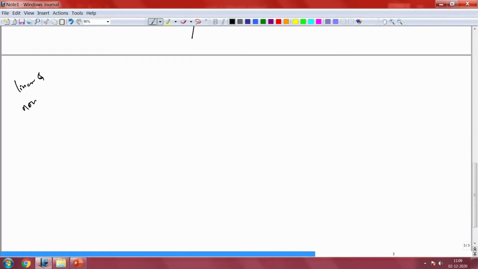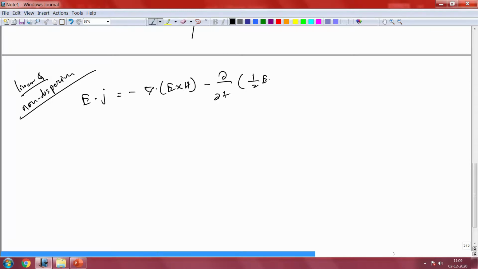So if it is a linear and non-dispersive medium, you can write E dot J will be equal to minus del dot E cross H minus dou T of 1 by 2 E dot D plus 1 by 2 H dot B, right. And basically this is the total energy that is being carried. This is the total energy density.